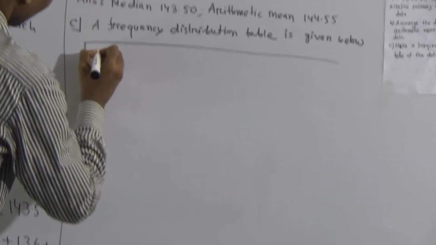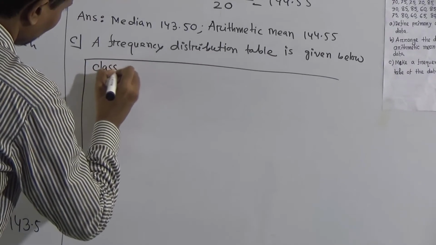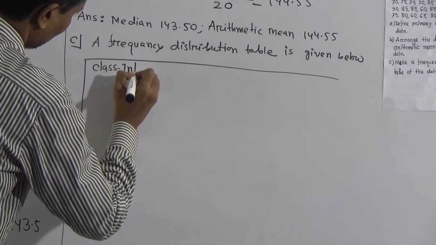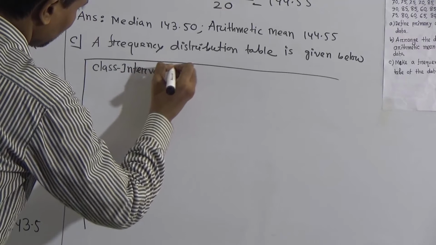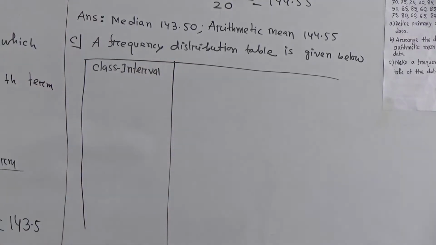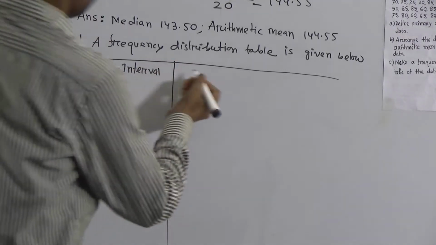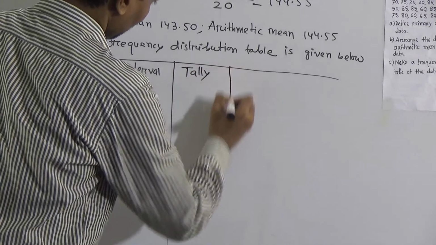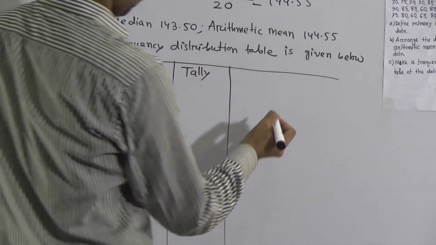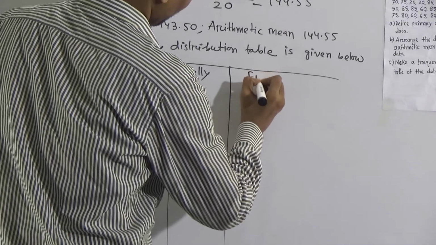We have to write the class interval. This is the class interval. This is the tally. You have to write the frequency.